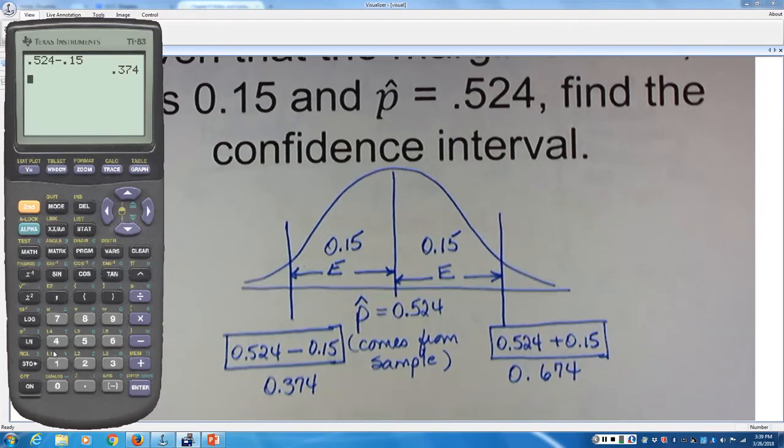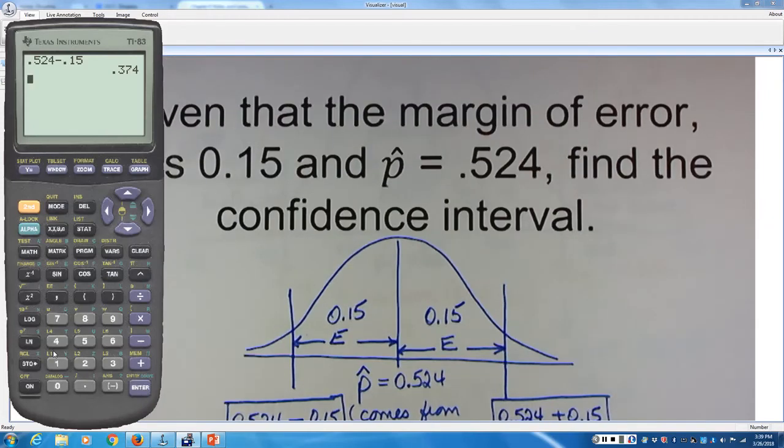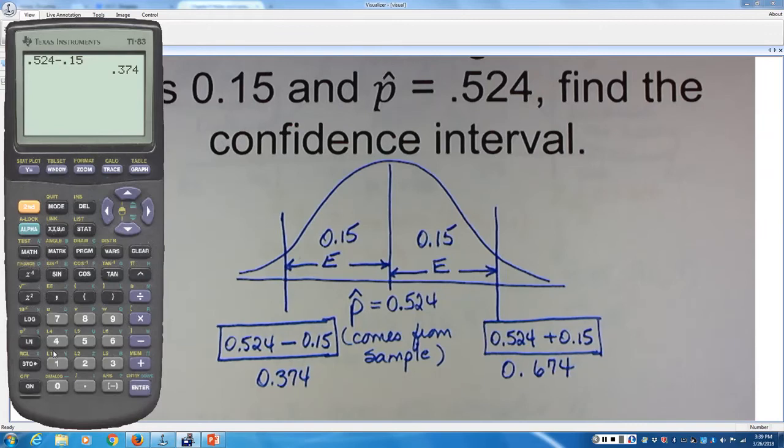Okay? So that's what that actually means. That's a picture of what they asked us.